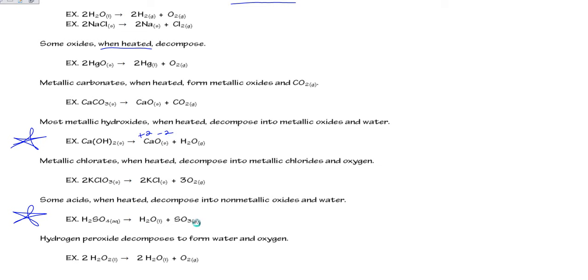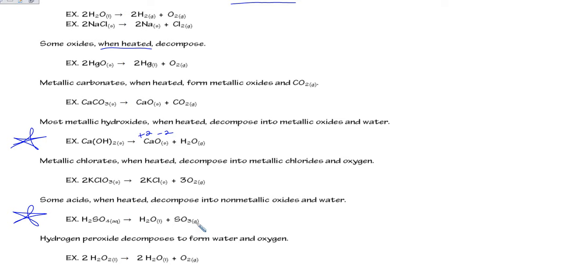Is it SO2? There are a lot of different versions of sulfur and oxygen. They'll tell you. You'll be given hints for those covalent compounds. So they might say something like, sulfuric acid is gently heated to form water and sulfur trioxide gas. And then all I have to do is write the equation and make sure that it's balanced.